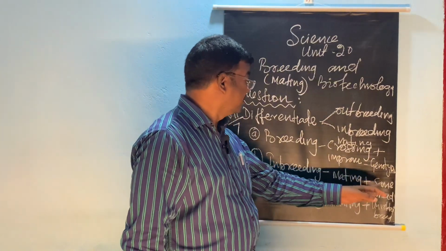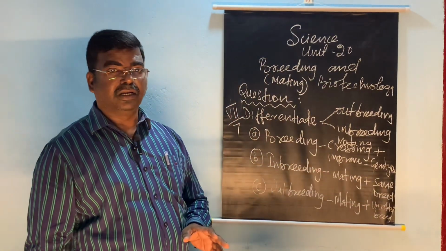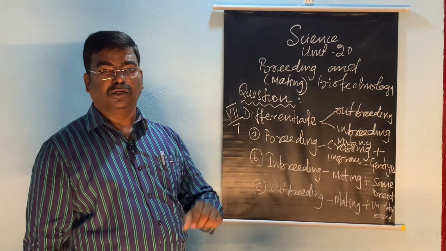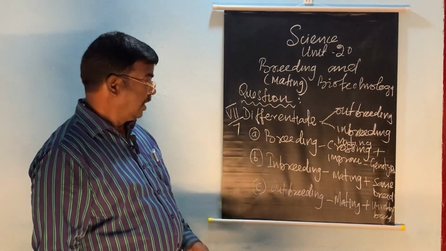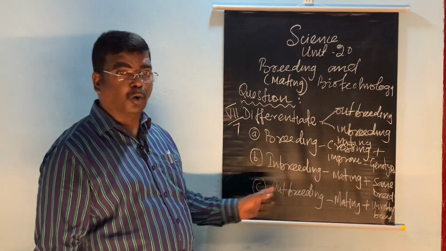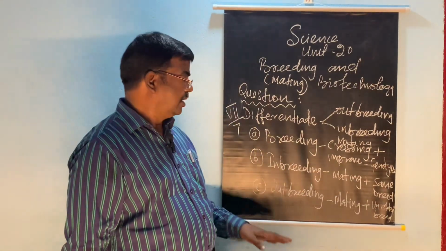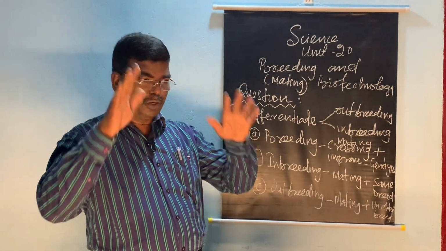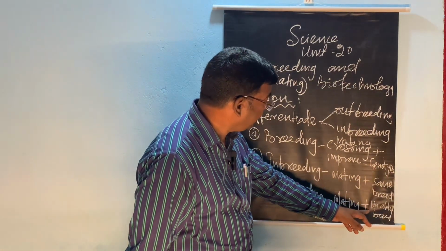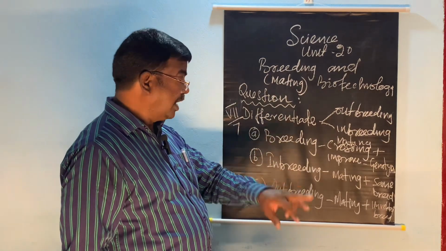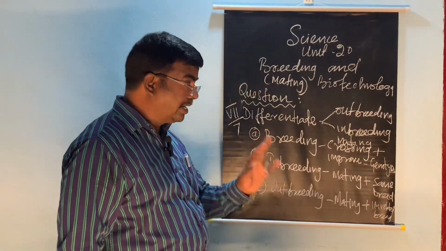Mating with the same breed and getting a superior variety is called inbreeding. And another one is called outbreeding. Here, what you have to keep in your mind is matching between unknown or unidentified.